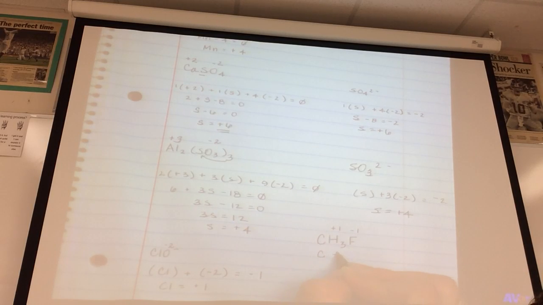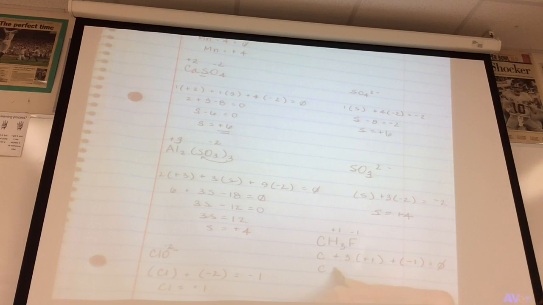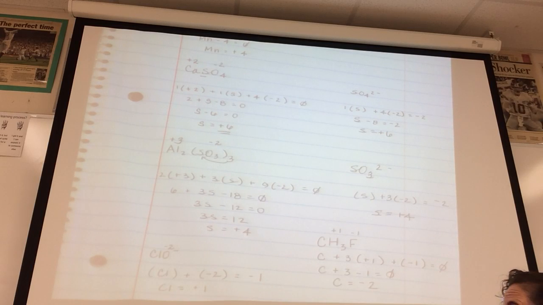You've got carbon, 3 H's, 1 F, set equal to 0. You have carbon plus 3 minus 1 equals 0. Carbon here is what? -2 is correct. So carbon really has the ability to take on multiple.